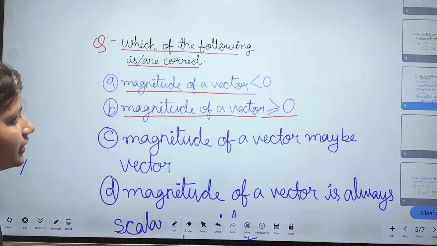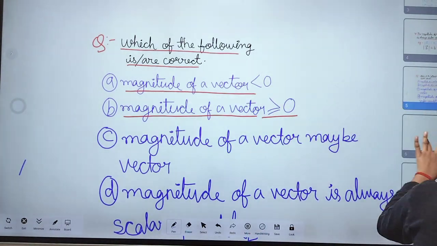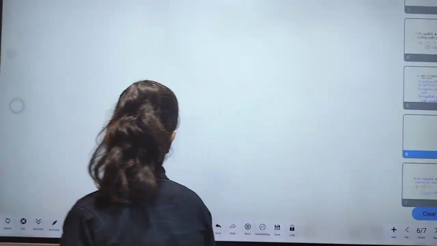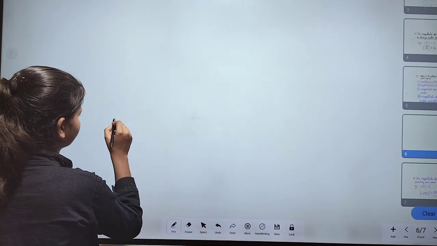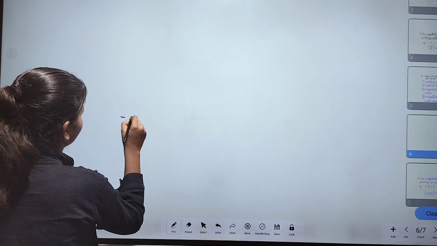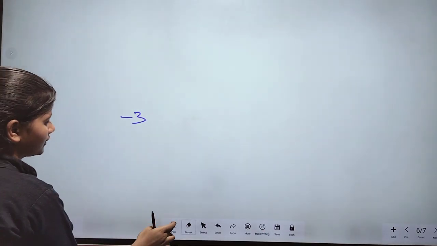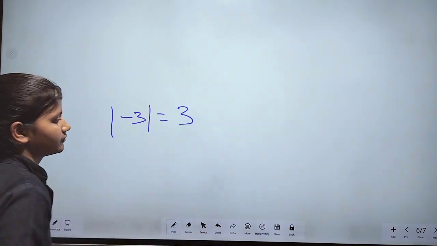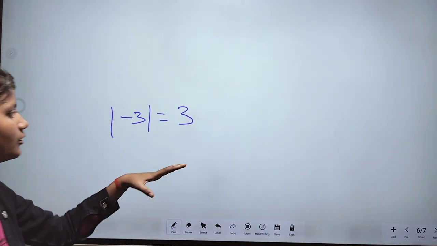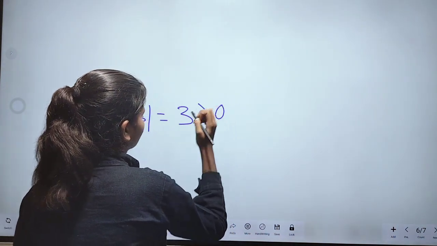Now, is the magnitude of a vector greater than or equal to 0? Yes, of course. Why? Suppose this one is -3, and if we put modulus, then the answer is 3, always positive, not negative. 3 is greater than 0.